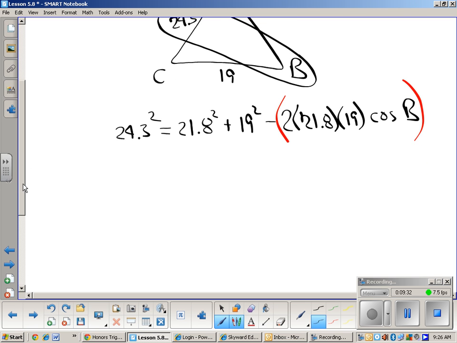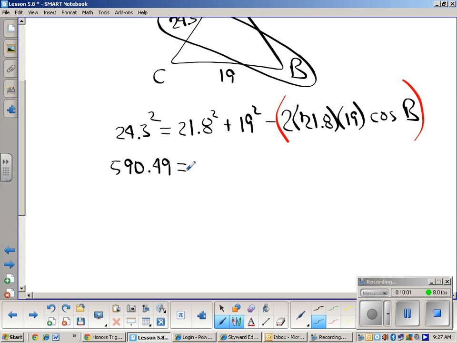Just tell me what these numbers squared are, and I'm going to simplify this. What is 24.3 squared? 590.49.